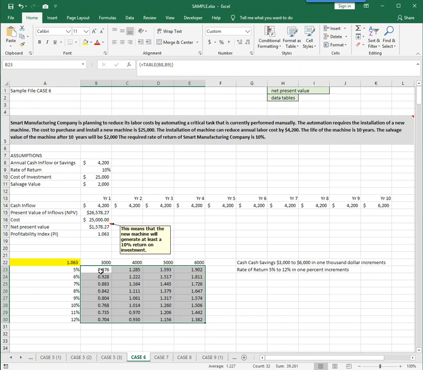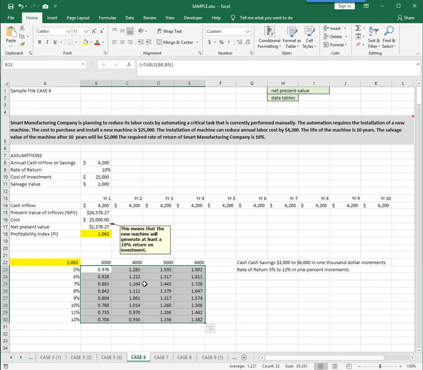You can see that all these numbers inside the table are different values of the profitability index. So we don't have the original value here, but if we did, we'd see 1.03. So what this means is that every number here that's greater than 1 means that we've achieved the rate of return on investment that's required.